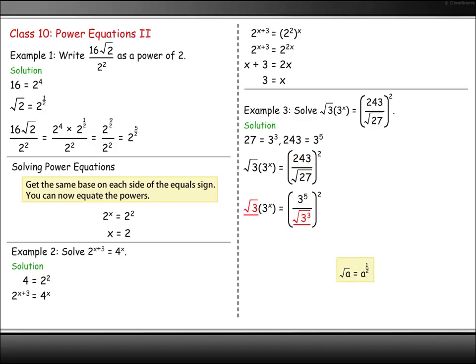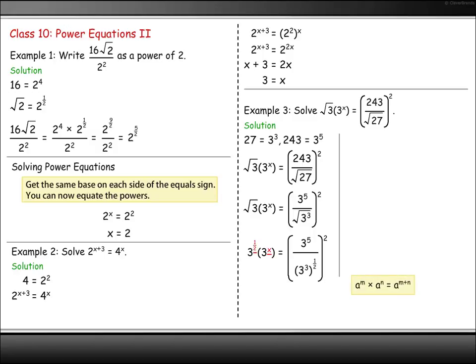Square roots are to the power of a half. Add the powers to get x plus a half. Multiply the powers to get 3 halves.